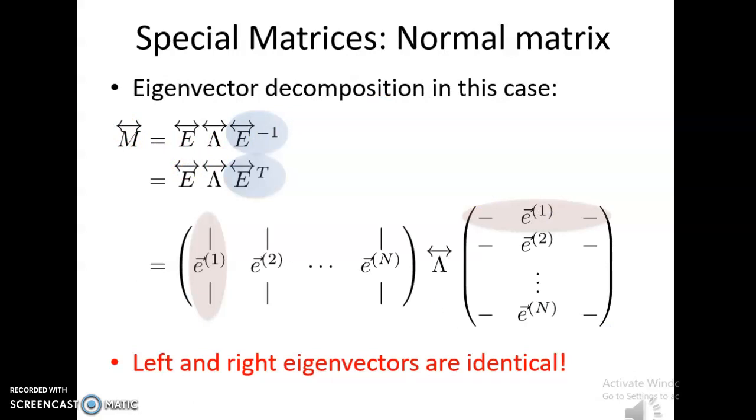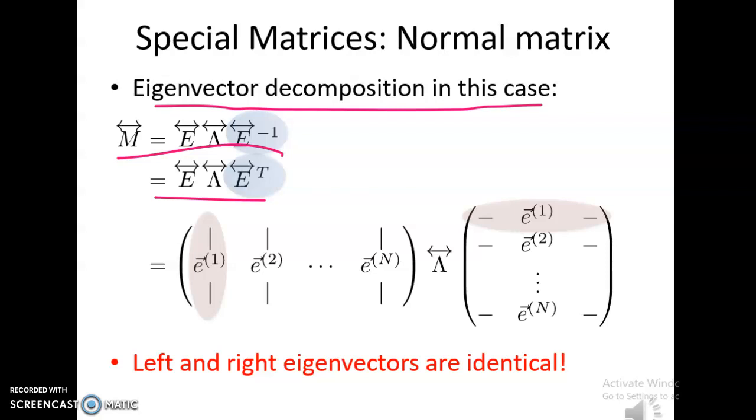Special matrix, same normal matrix. Eigenvector decomposition in this case: M equals E lambda E inverse equals E lambda E transpose. Both are the same, as we have already seen in the last slide.